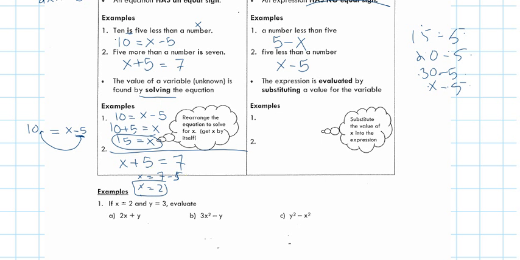So if I come and tell you, let x equal 7, then I am telling you what the value of x is. So all you have to do is substitute the value of x in.